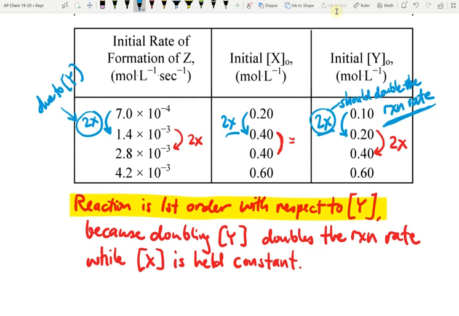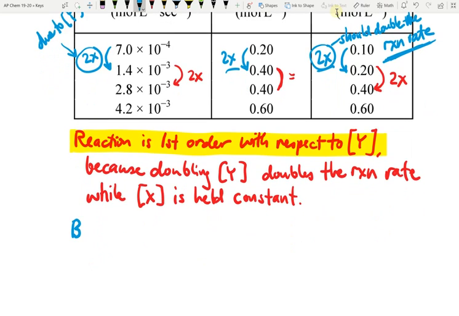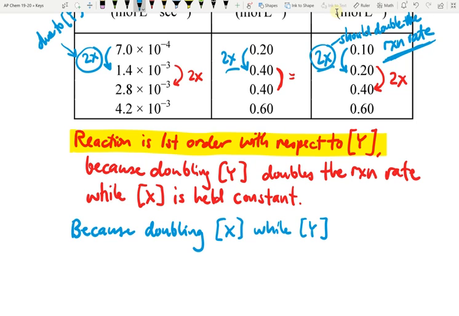And there's no additional increase happening based on what's happening with X. The whole doubling that we observe in that rate data is credited to the doubling of concentration of Y. And what that means, and we'll do it in blue here, is that doubling the concentration of X while Y is doubled leads to no additional increase in rate.